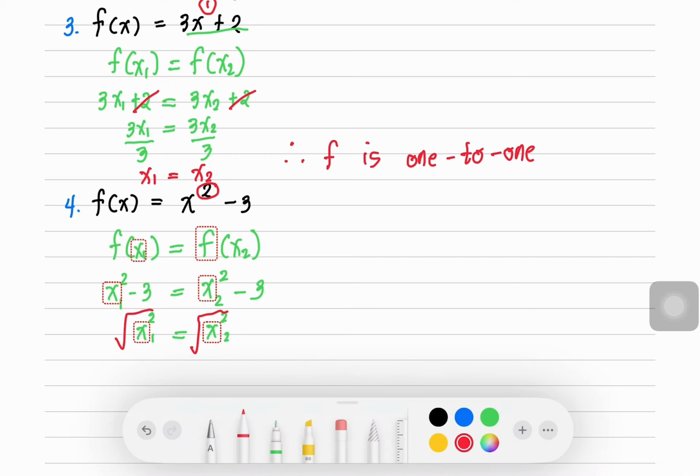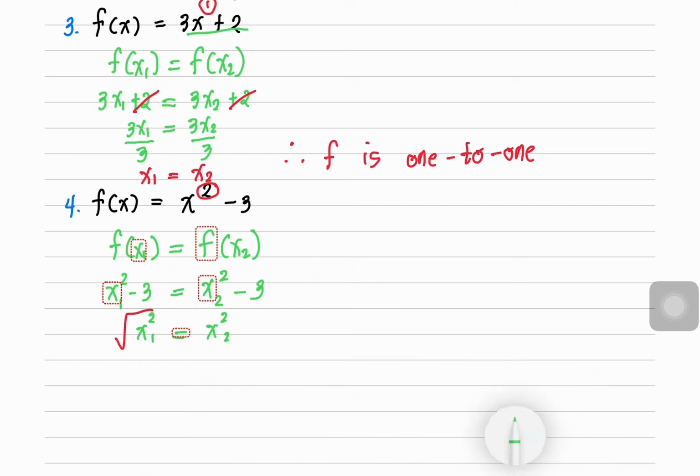And then, it will become x sub 1. Actually, if you take the square root of a number that is positive or negative, equals positive and negative x sub 2. So guys, kung mapapansin natin dito, okay, there are two signs here, right?